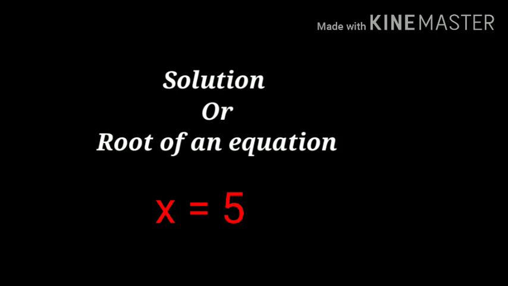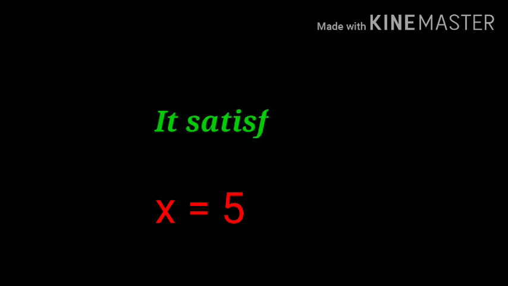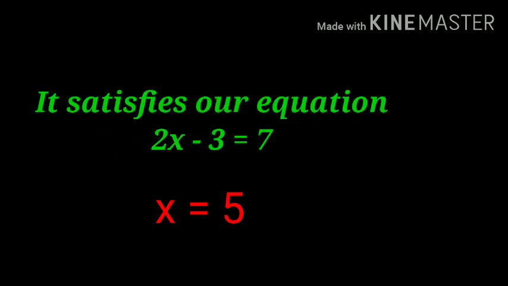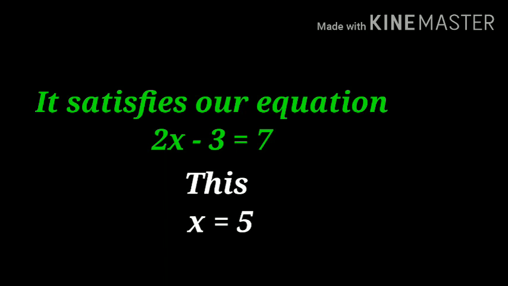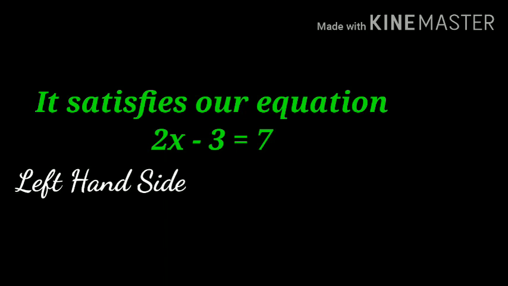Alright. So this root satisfies our equation, 2x minus 3 is equal to 7. This 5 satisfies our equation. So now let's see how x is equal to 5 satisfies our equation. On our left hand side we have 2x minus 3.